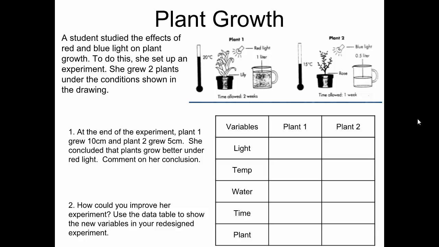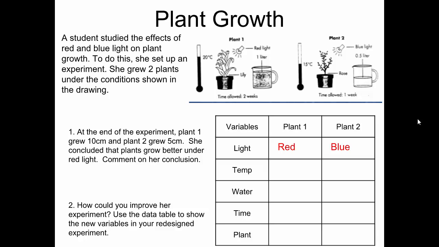Adeline? Because you're testing the light, you need to change all the other factors to be equal. So like 20C, the temperature needs to be the same, they both need to be the same. Just change everything else to make it so they're equal. Okay, good. To set up this experiment properly, is it okay if the light color is different? Yeah, that's what you're testing. So we still have plant 1 under red light, plant 2 under blue light.